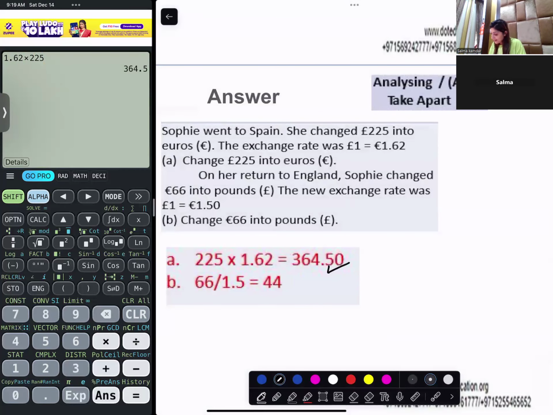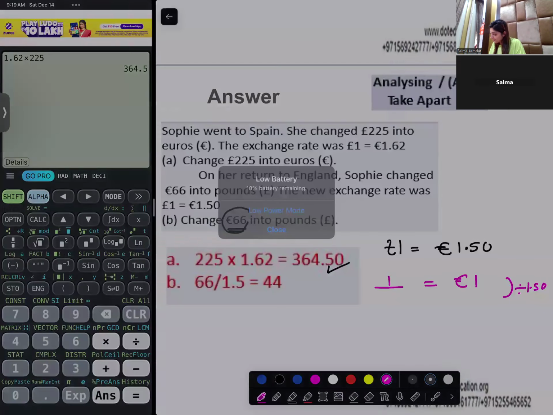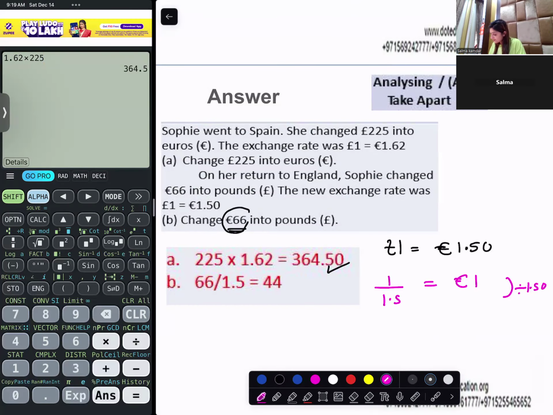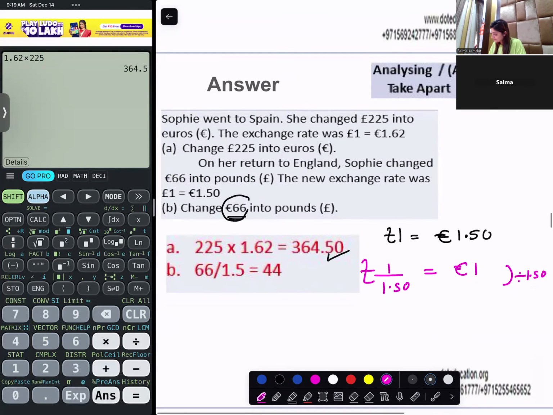Okay. And now I want to change 66 euros into pounds. I know 1 pound is equal to 1.50 euros. I want to make euros single, so I will divide by 1.50. So 1 euro is equal to 1 over 1.50 pounds.